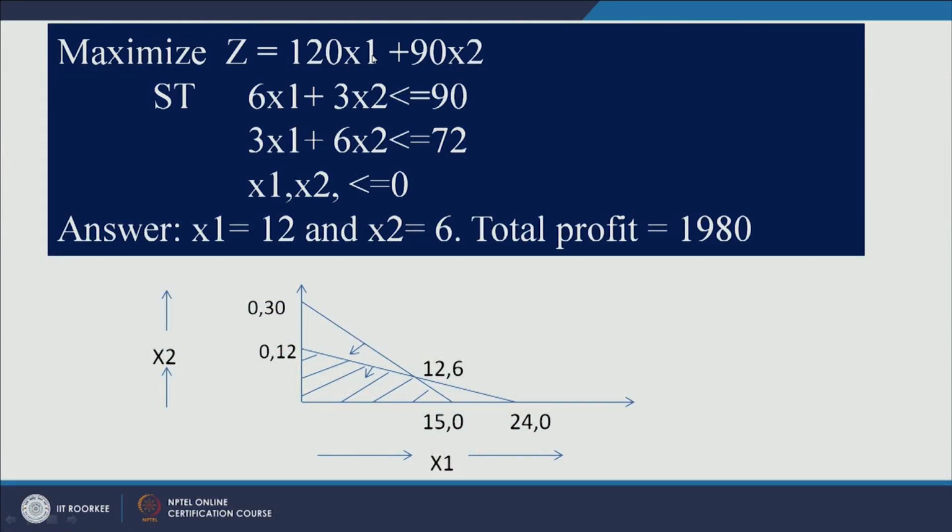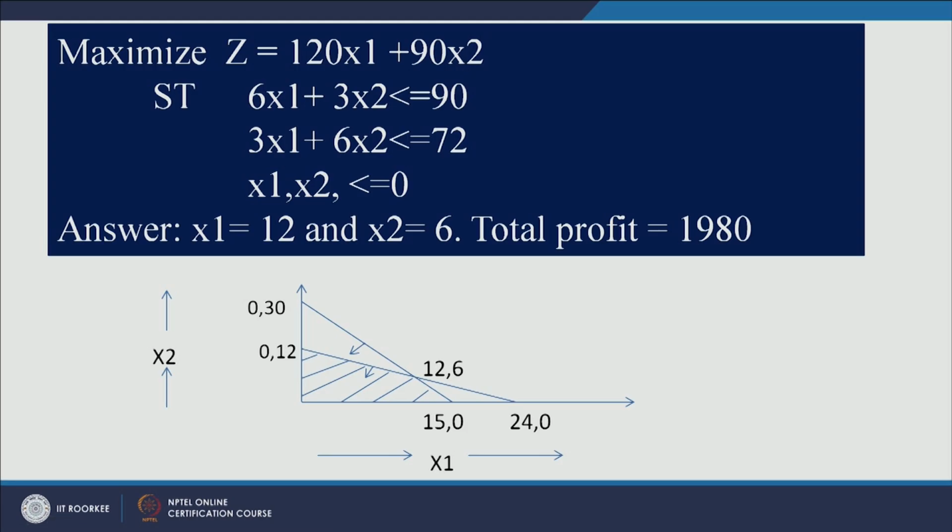You want to maximize your profit, and by selling one mobile you would get 120 rupees, by selling one laptop you would get 90 rupees. So you would like more and more profit. So you would like to produce more and more laptops and mobiles. So the more of x1 and x2, the more the profit, right?